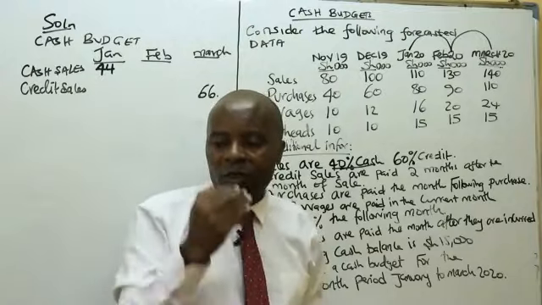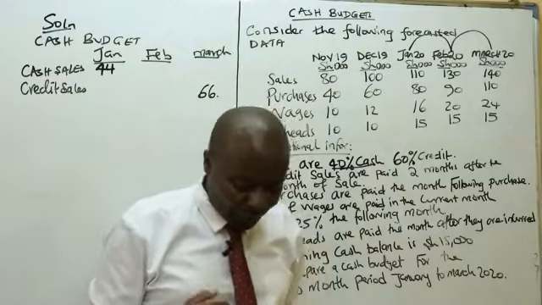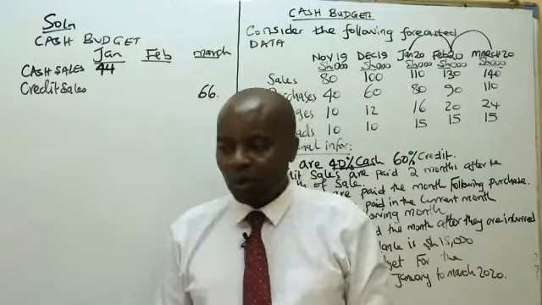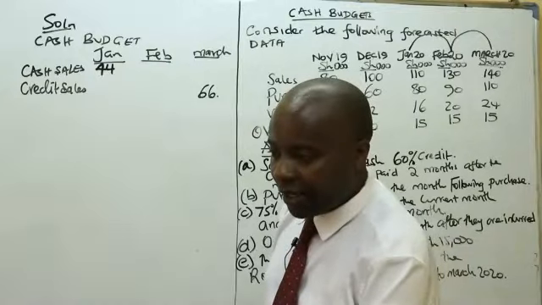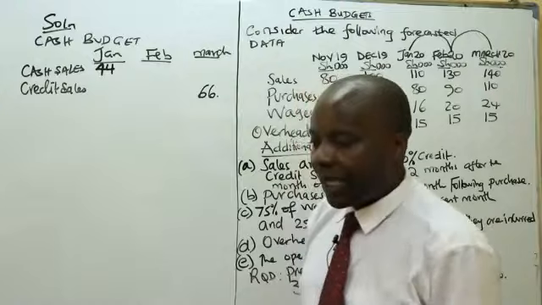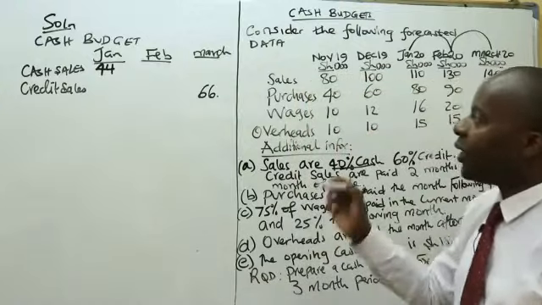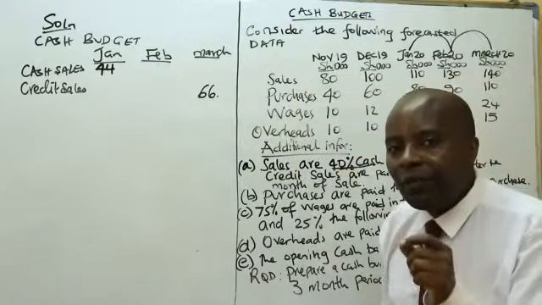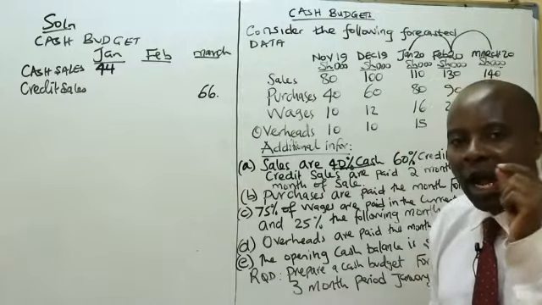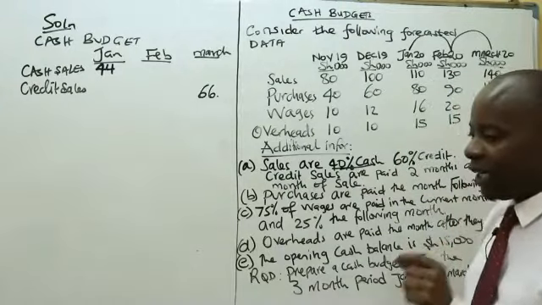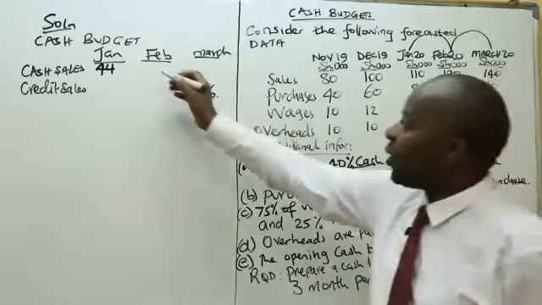Somebody talk to me. As usual, I would expect you guys to come in. So 40% of 130, that will be received in the month of February, and they're giving me a figure of 52.